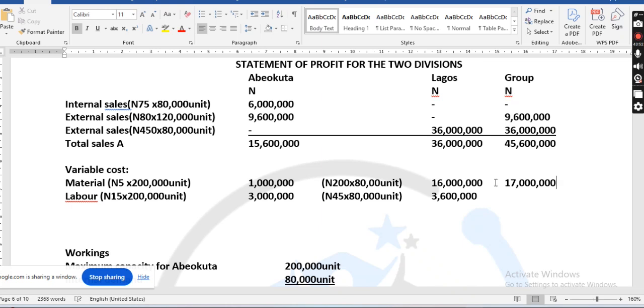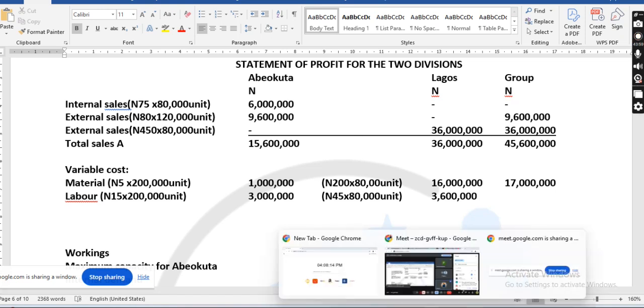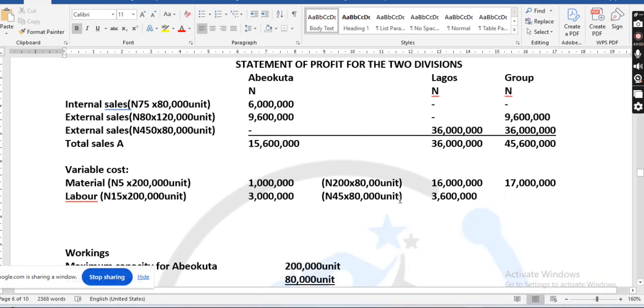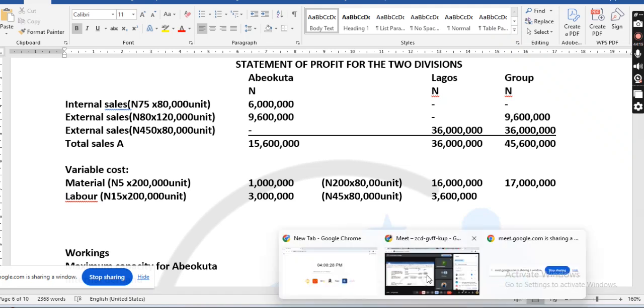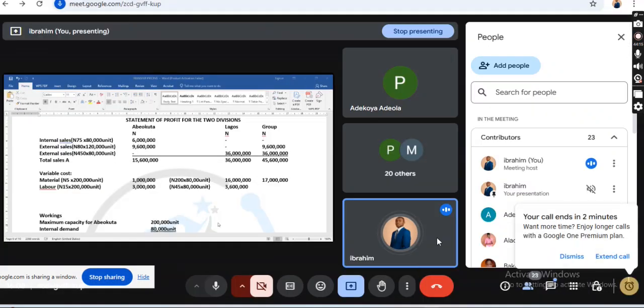You mentioned that if the buying division is buying from the selling division, it will recognize it at cost. Yes, the internal sales.